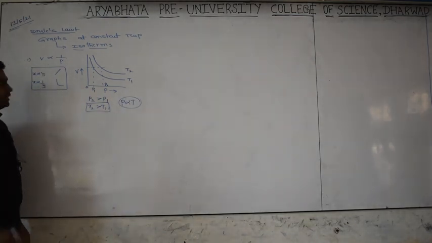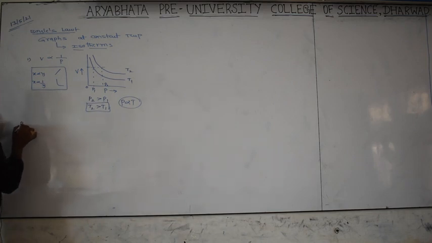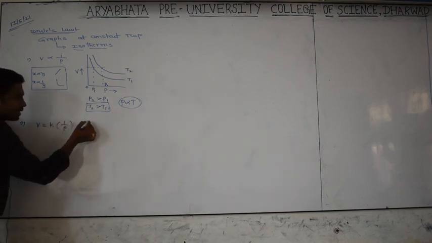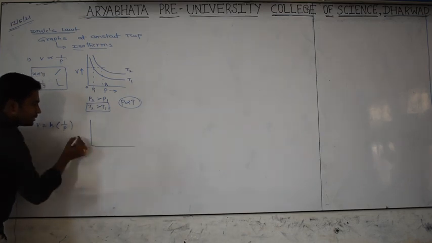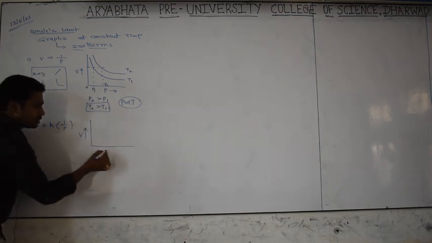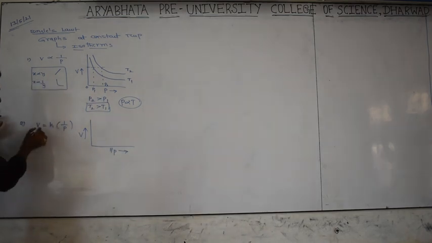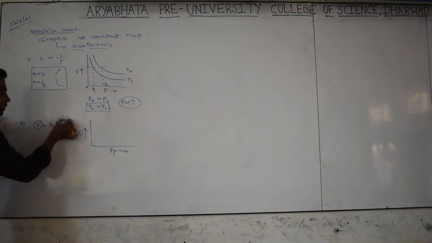Are you understanding? Yes. Now I will tell you one more thing: V equals K into 1 by P. In the graph, I am taking V on the y-axis and directly taking 1 by P values on the x-axis. So V and 1 by P I am taking.